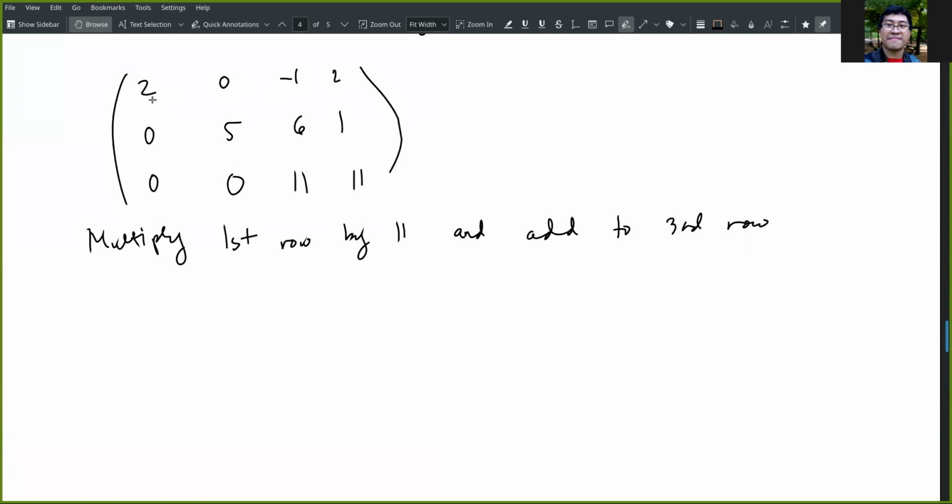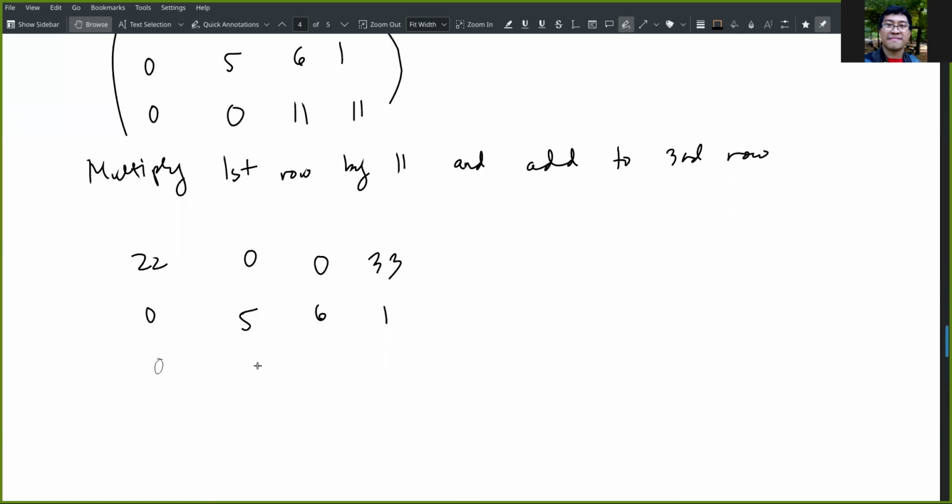Multiply that by 11. 2 times 11, you have 22. 0 times 11, so that's 0. 22 plus 0 is 22. Minus 1 times 11, that's minus 11. Plus 11, that's 0. And here, 2 times 11, that's 22. Plus 11, that's 33. And we keep the others, 0, 5, 6, 1, 0, 0, 11, 11.